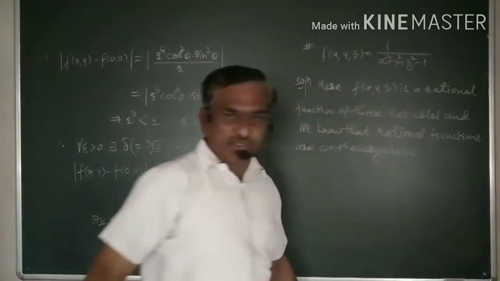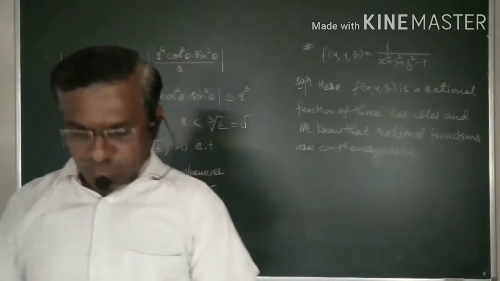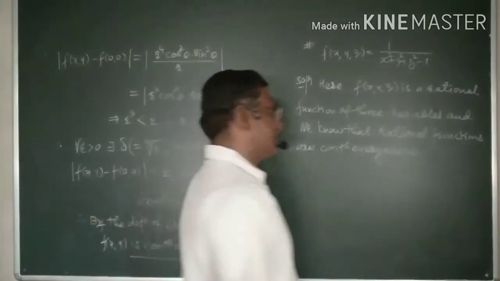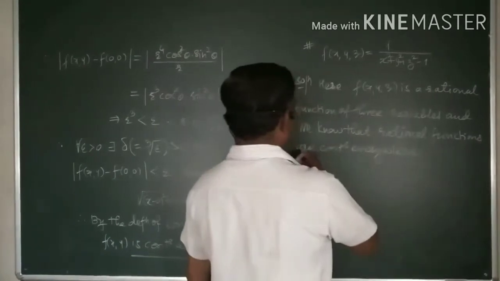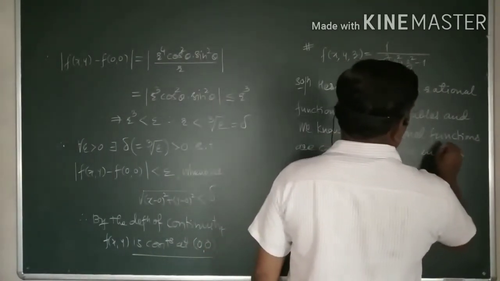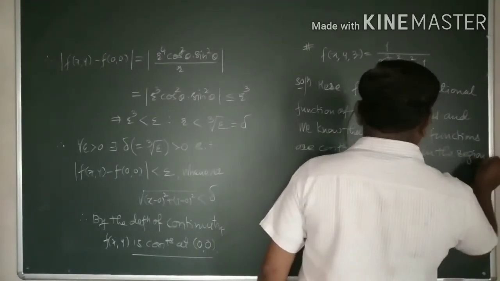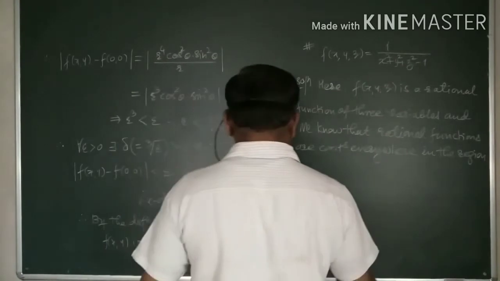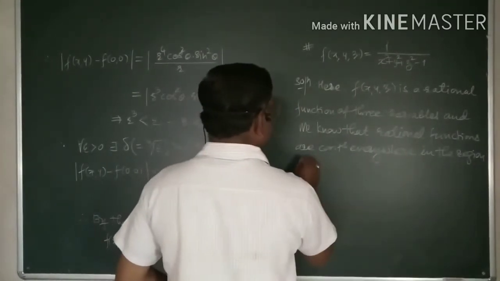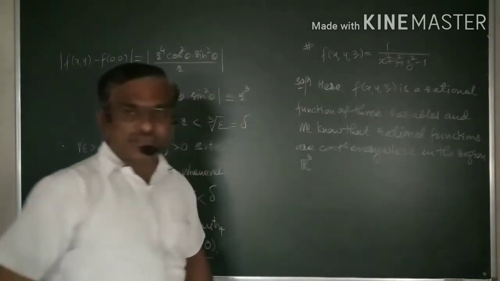Rational functions are continuous everywhere, or at every point of the region R. In what region? In the region R3.